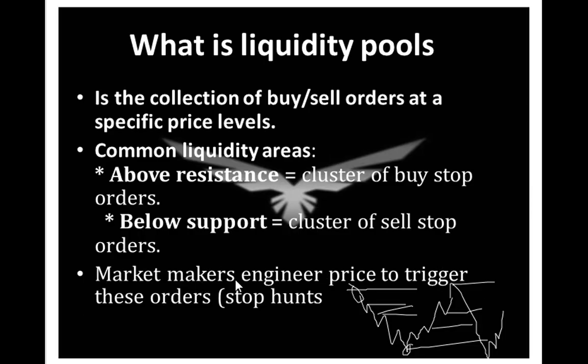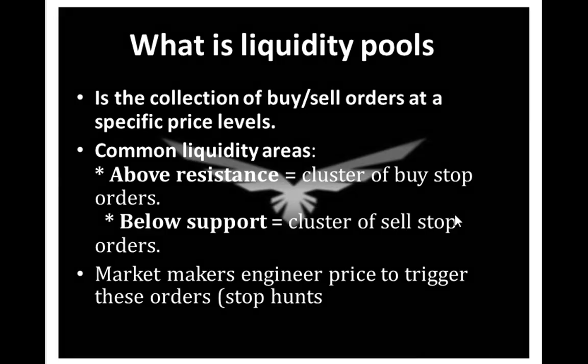Market makers engineer price to trigger the orders known as stop loss hunts. The purpose of a stop loss hunt is to take away those sell stops or buy stops.